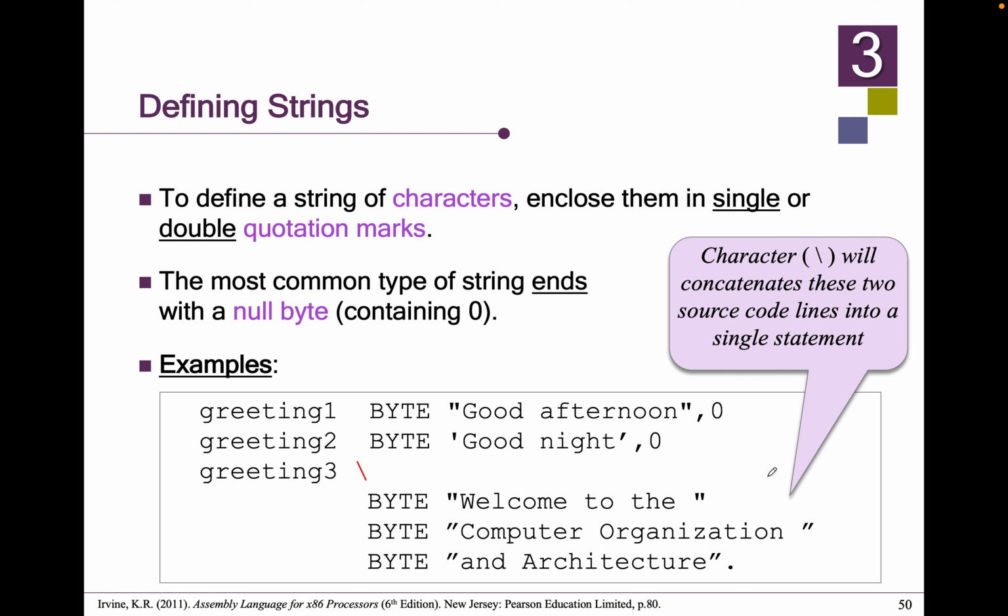Next, our subtopic is defining a string. So define a string of characters, encoded in a single or double quotation mark. You can put the double quotation or single quotation.